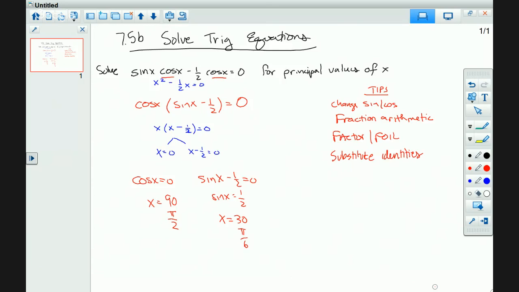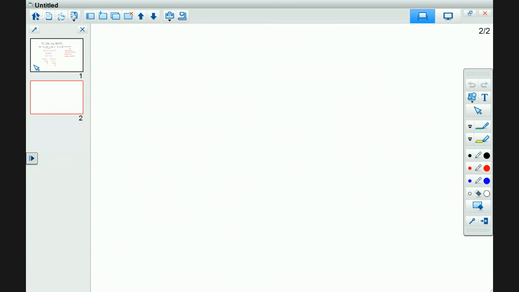Are we good here? Okay, good. We're going to move on anyways. Okay. Solve cosine squared minus cosine plus 1 equals sine squared x, I believe.